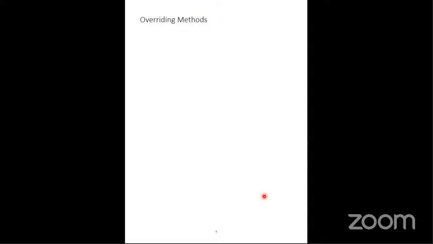So the methods exist in two different classes, once in the superclass and once in the subclass. Whenever you redefine in the subclass a method which is present in the superclass, the concept is called method overriding. Sometimes people get easily confused between overloading and overriding.